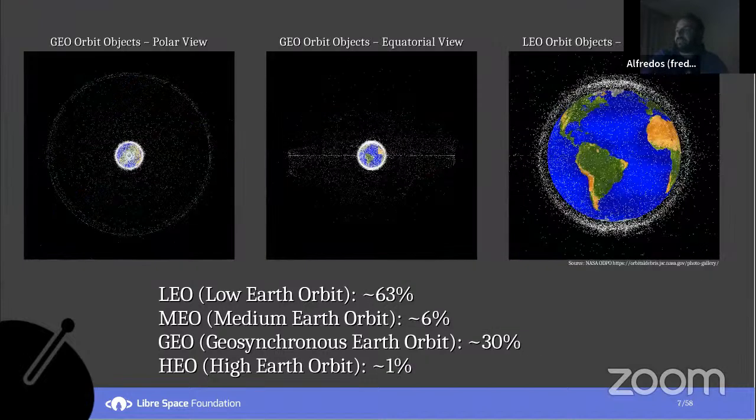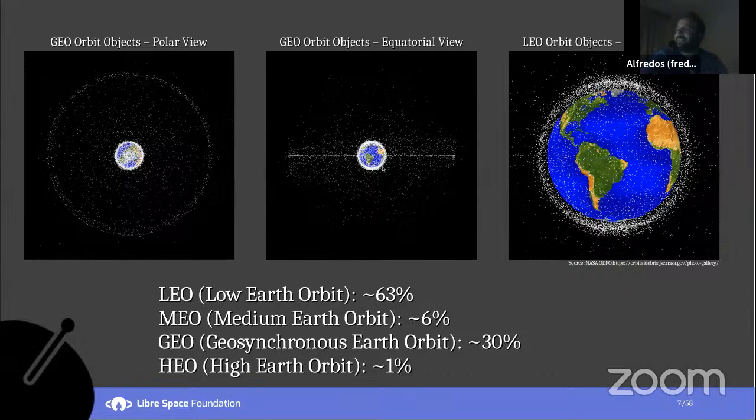The majority of the satellites are in the low Earth orbit and the geosynchronous Earth orbit. In the first two pictures, you can see the Earth from a polar view and an equatorial view, and how the geosynchronous Earth orbit satellites are gathered in this perimeter and along this line in the equatorial view.